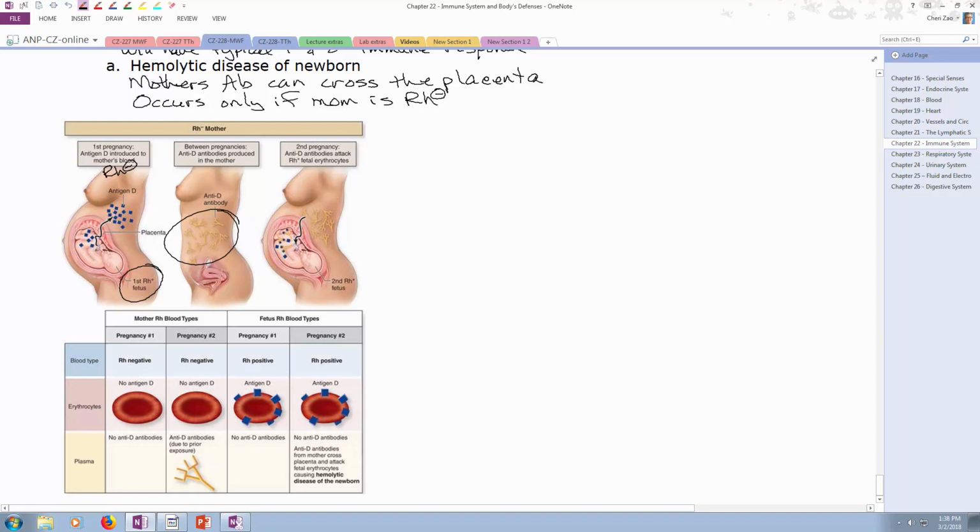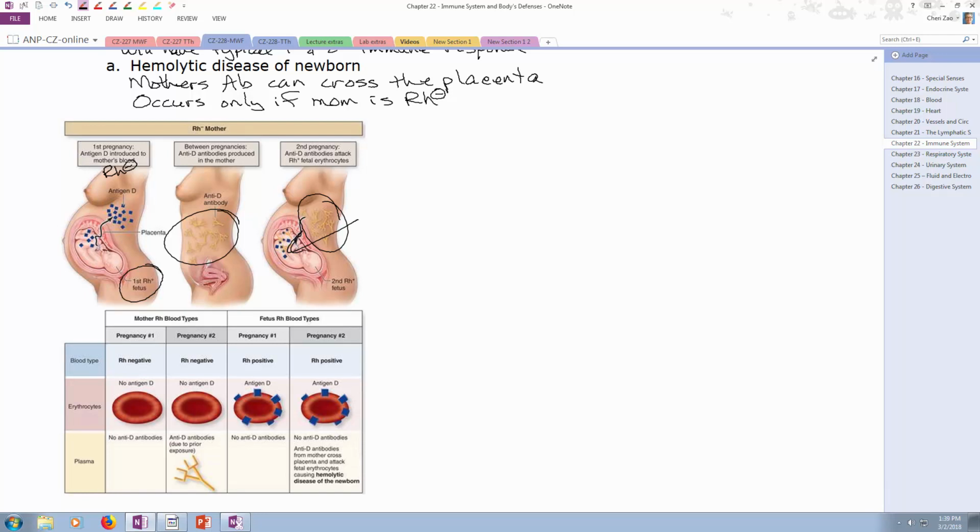Then in the second pregnancy, what happens is mom has antibodies to Rh factor already in her system. And these antibodies can cross the placenta and start to attach to fetal red blood cells because they are Rh factor positive.